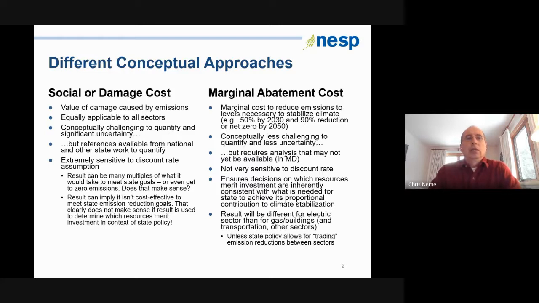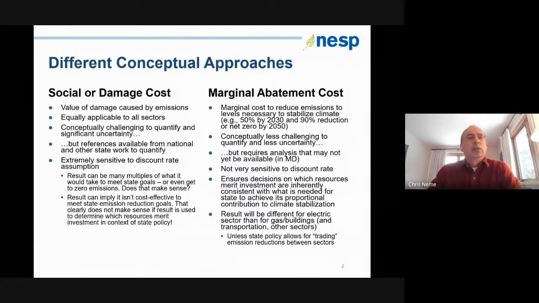First, the social cost of carbon, or sometimes known as the damage cost, is an estimate of the economic value of the damage caused by greenhouse gas emissions.